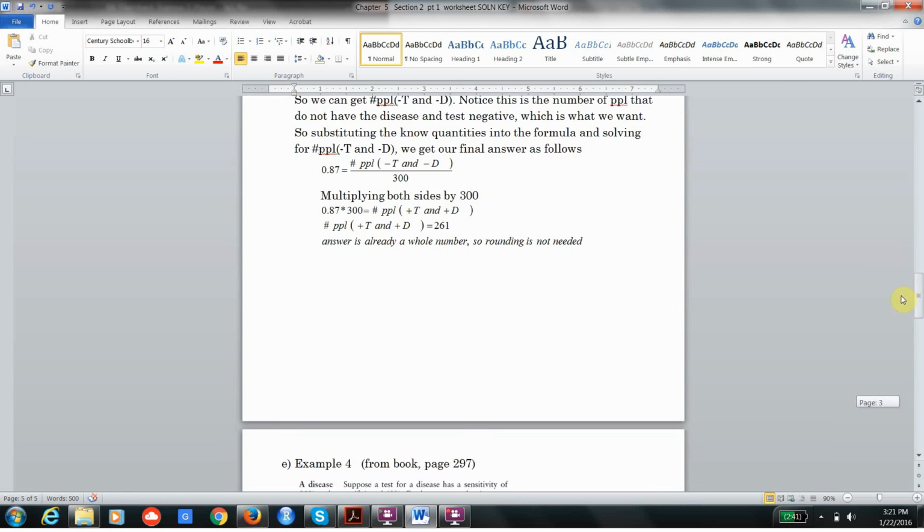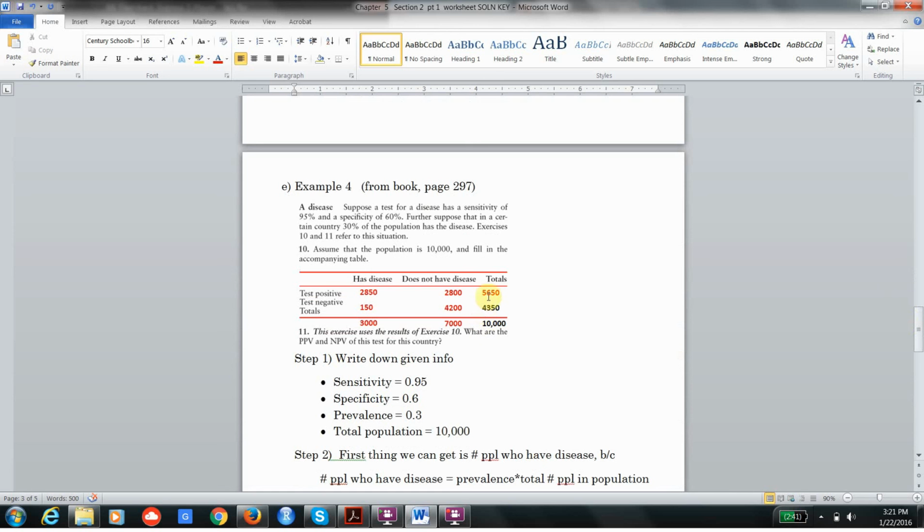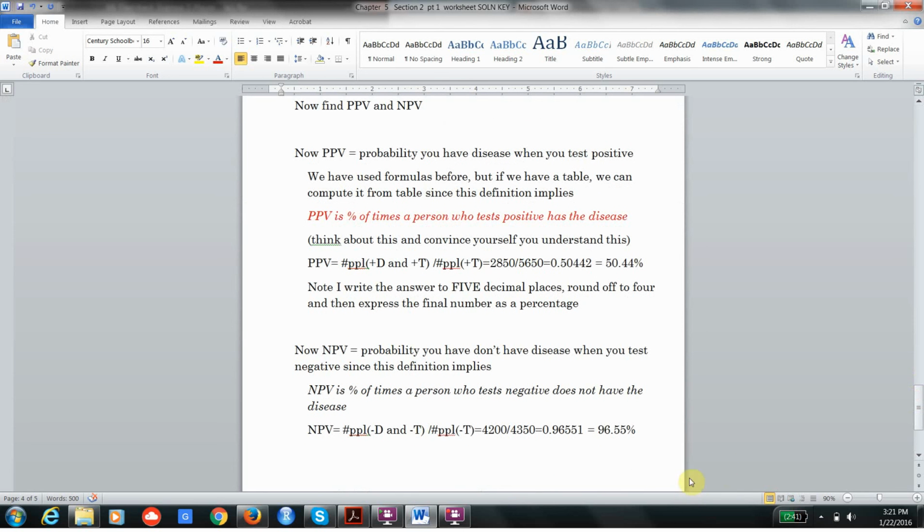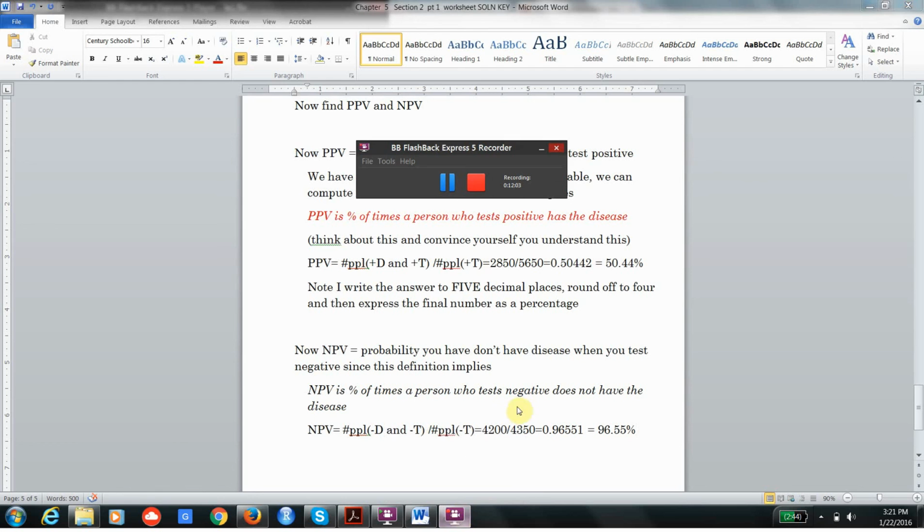Well, that's easy because there's 10,000 total and 5,650 with a positive test result. So there must be 4,350 people with a negative test result. So I take this ratio, compute it out to a decimal to the 5th place, round it to the 4th, and express it as a percentage. Okay, so that's the end for the problems on the first worksheet.